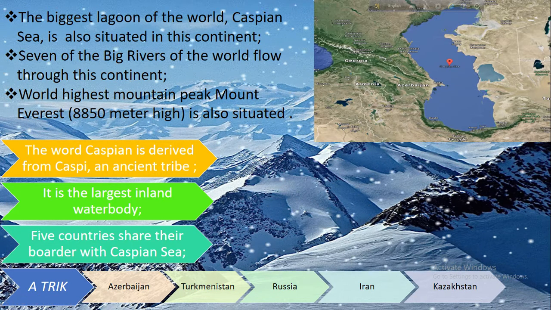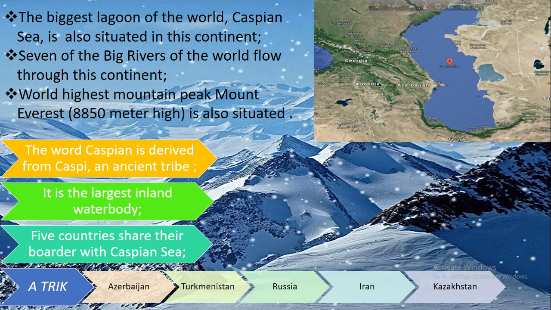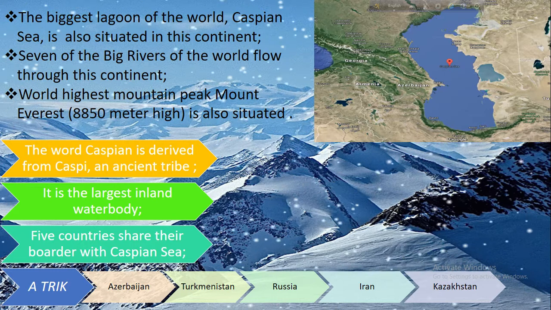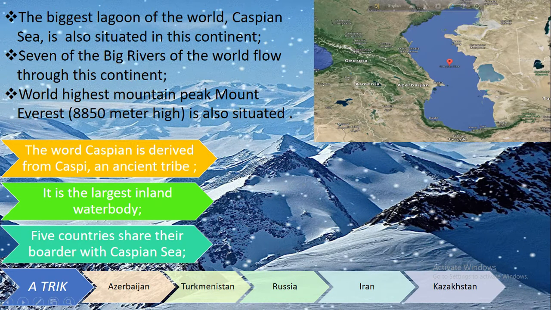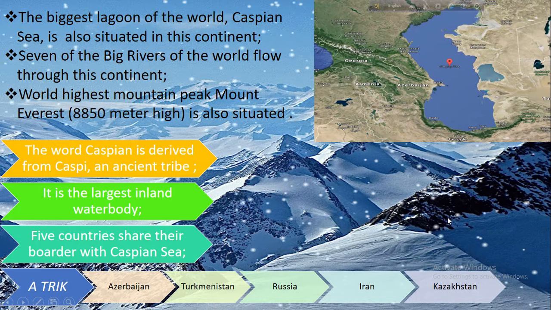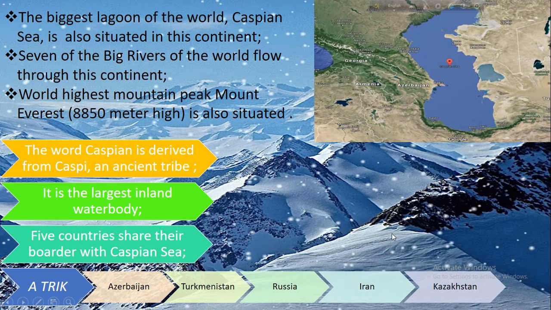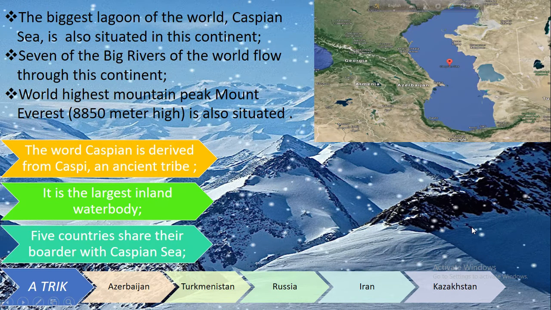These 5 countries share their border with the Caspian Sea. If you follow a trick, you can remember them very easily. That is A for Azerbaijan, T for Turkmenistan, R for Russia, I for Iran, and K for Kazakhstan.